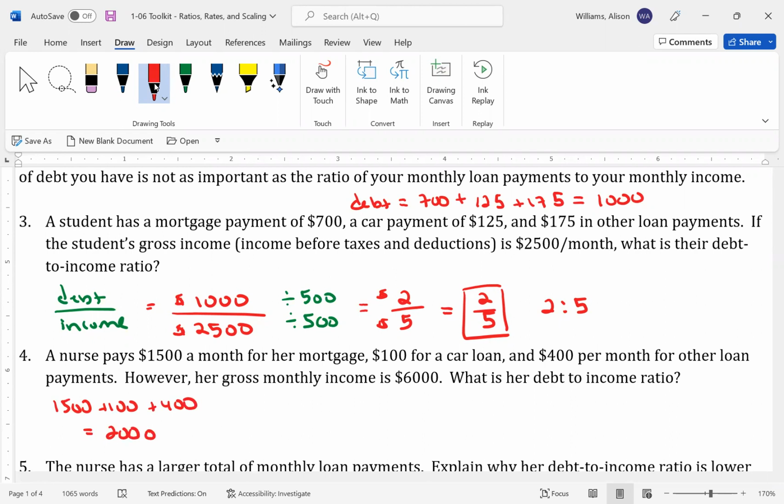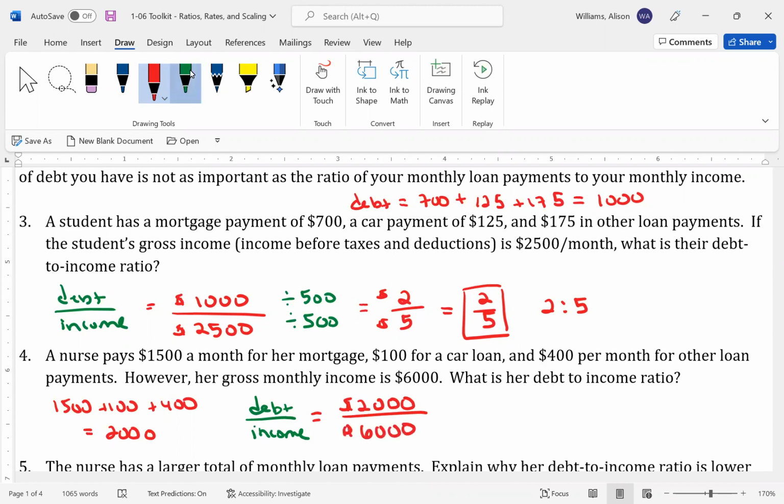So using the same debt on top, income on bottom. Here, let me just write it down anyways, just to make sure that we understand that we're using the exact same comparison. Hers is $2,000 to $6,000.